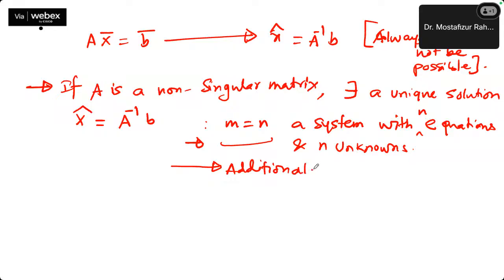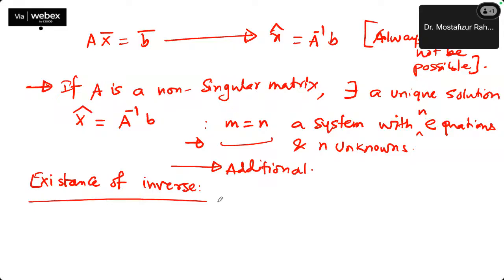Then the natural question is, when will A inverse exist, like existence of inverse? So when can we get some solution x hat, right? There are many answers. Let me write some equivalent statements.